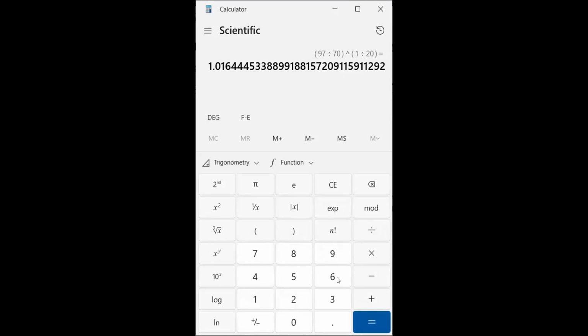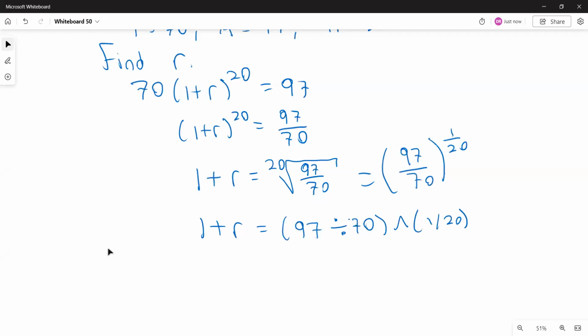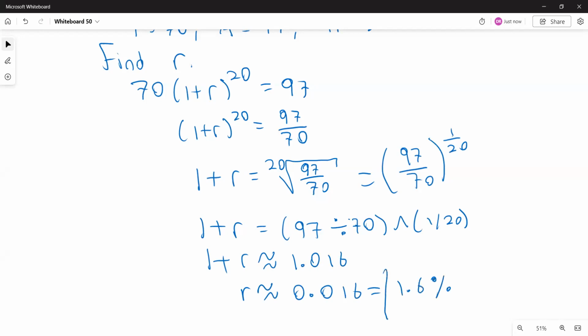Okay, so that's approximately 1.016. So 1 plus R is approximately 1.016, and R is about 0.016, or 1.6% when you write the final answer as a percent.